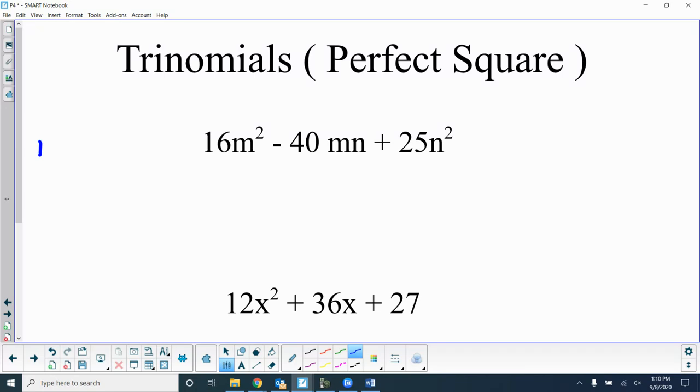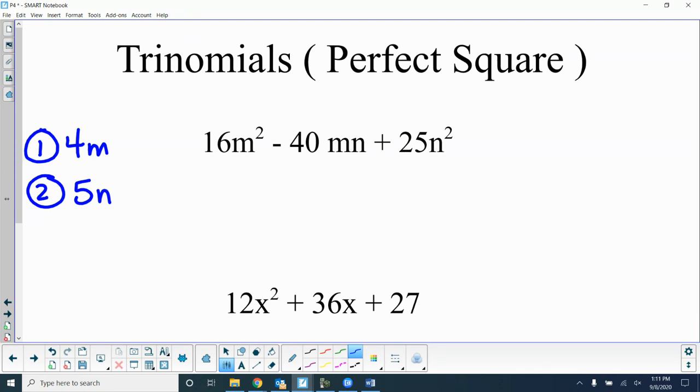What's the square root of 16m squared? 4m, don't forget about the variable. What's the square root of 25n squared? 5n. Good.